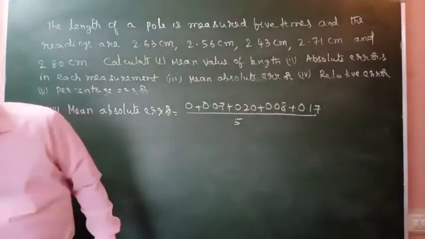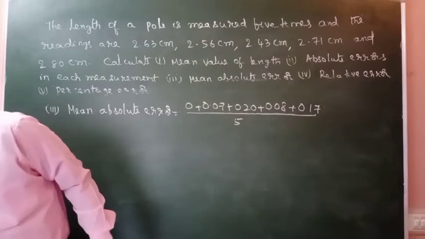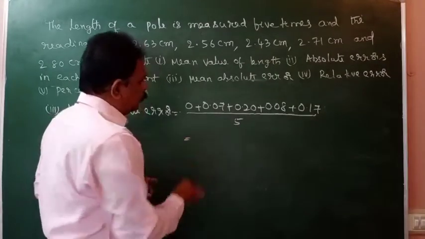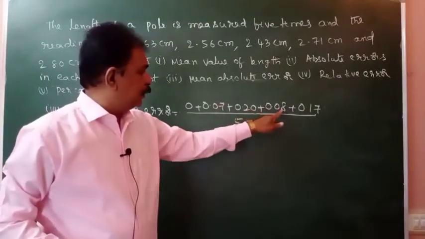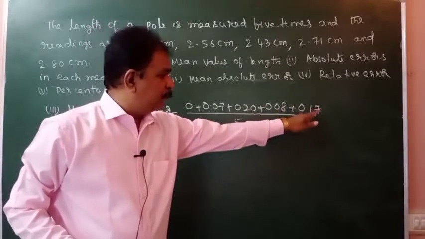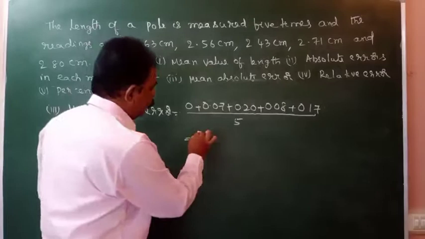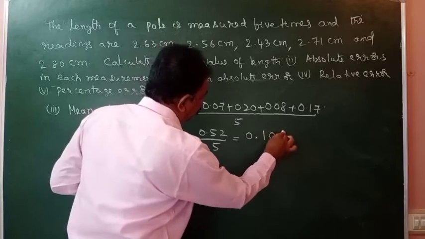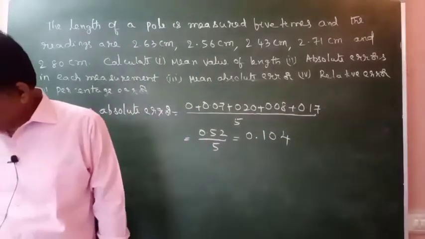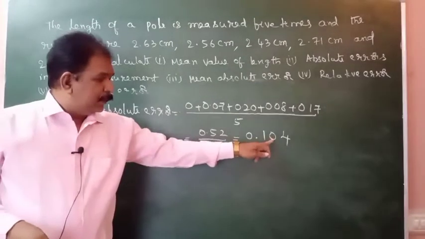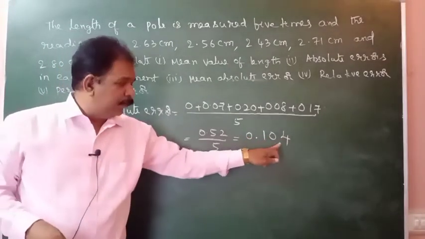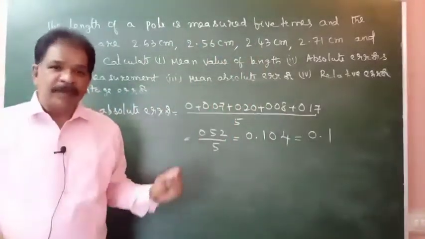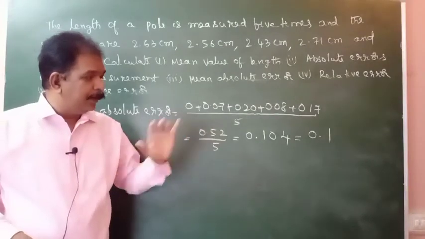Then if we add all of these, finally, after all calculations, we get 0.52 by 5, which is 0.104. Because here 0 is there, this is less than 5, we can neglect the last digit. So mean absolute error value is equal to 0.1.